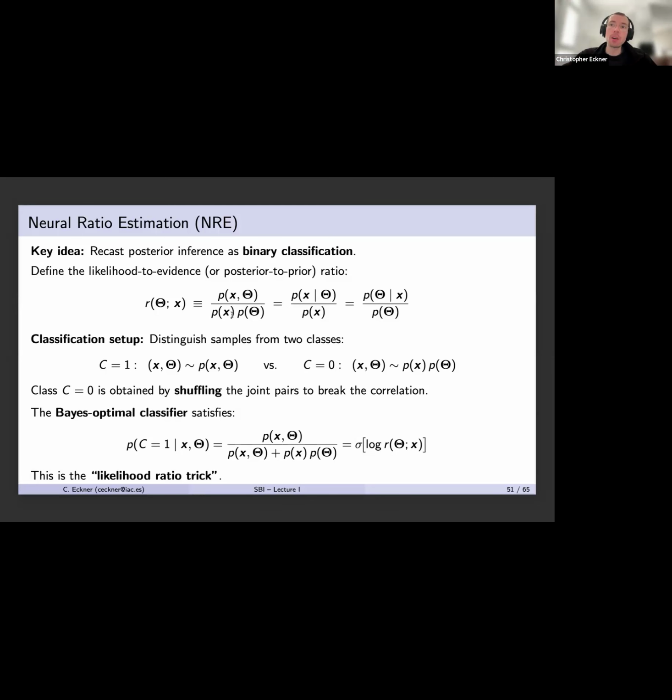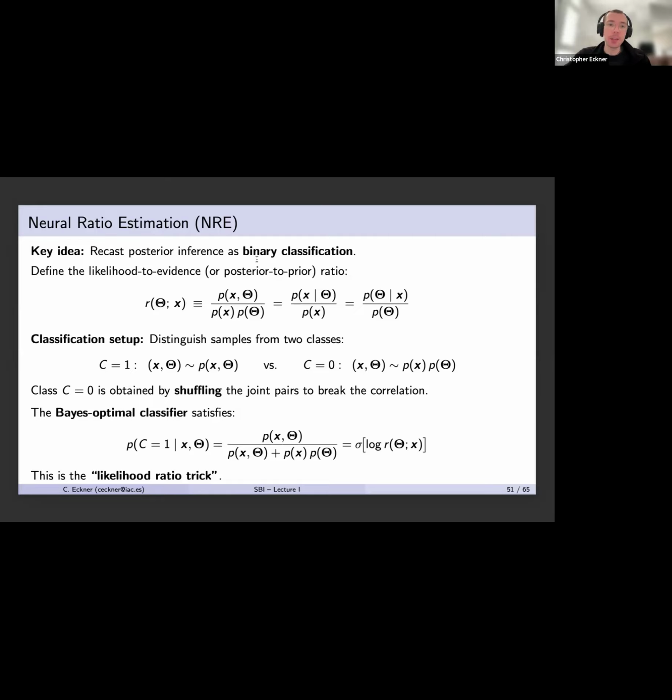I can draw them independently of each other. And this is exactly what you want to use here. So you want to recast the estimate of this ratio as a binary classification task. Why do you want to do this? Because you can exactly do this.